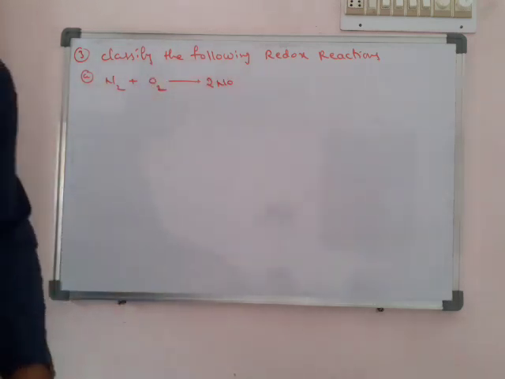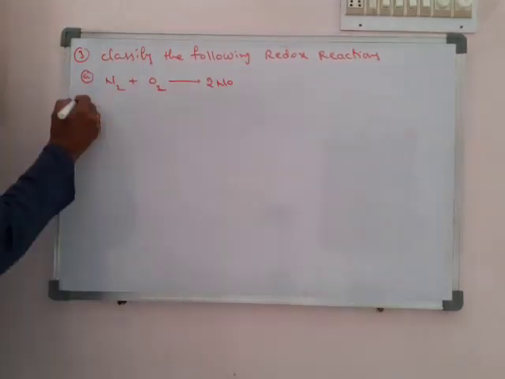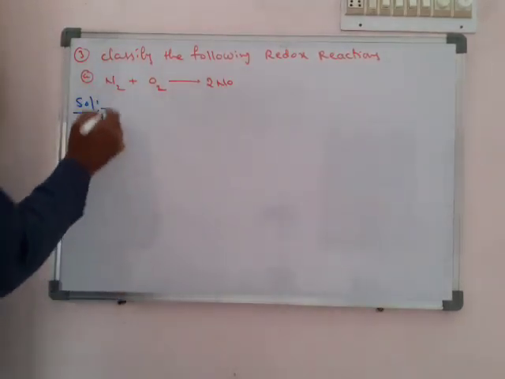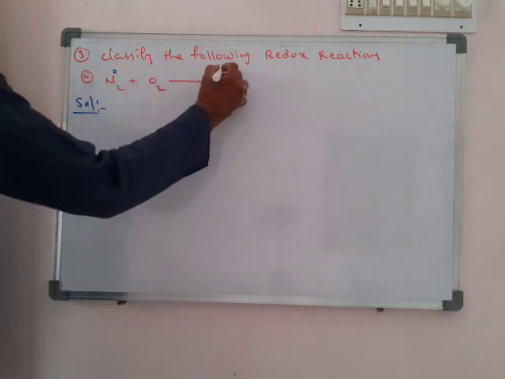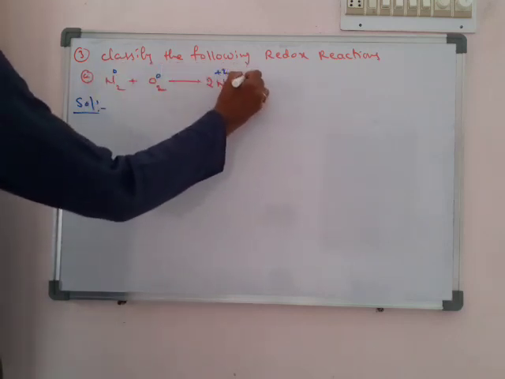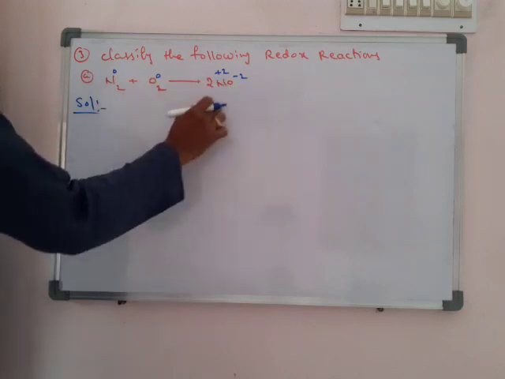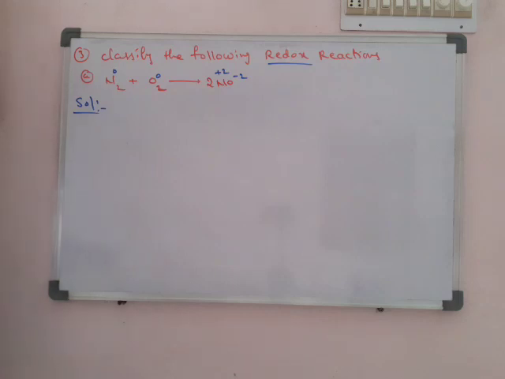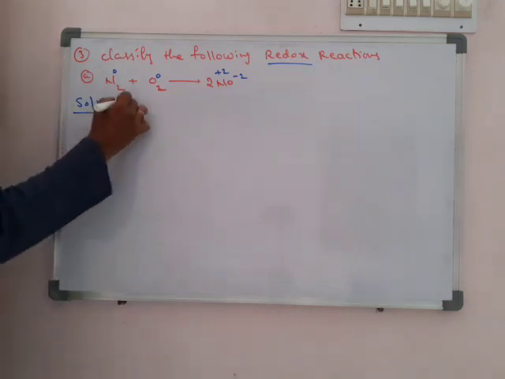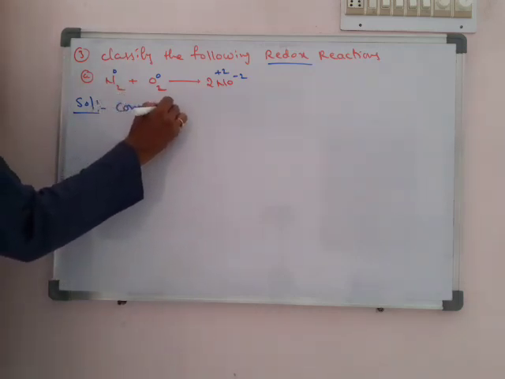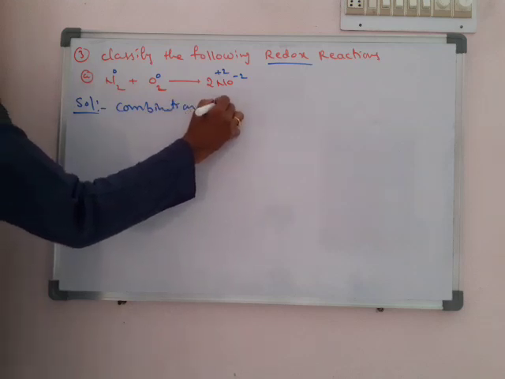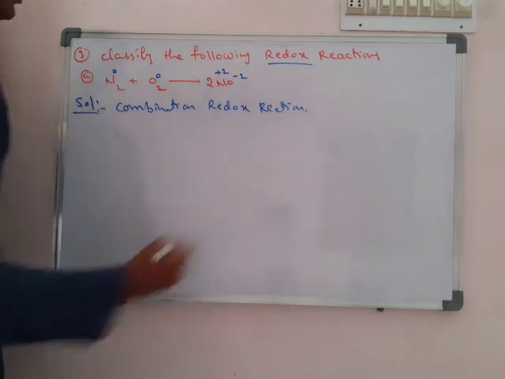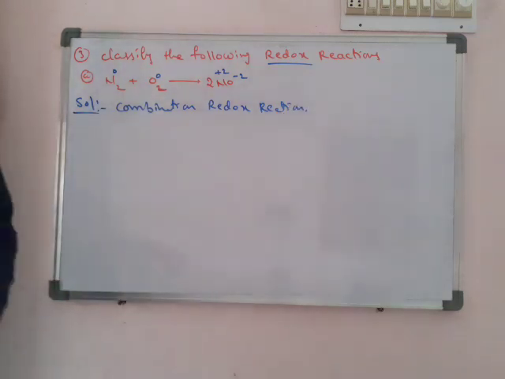Simply we can say, what is the answer? It is a redox reaction: N2 is 0 and O2 is 0, going to O minus 2. So one is reduced, one is oxidized. So simply we can say it is a combination redox reaction.